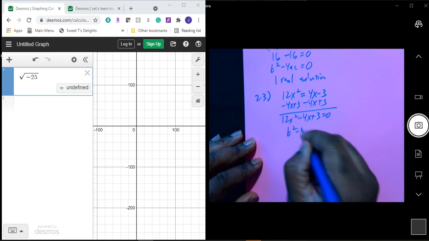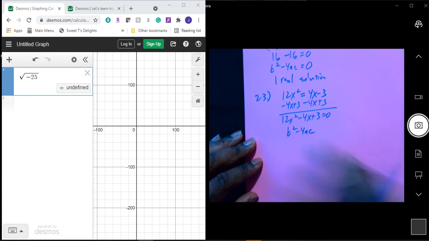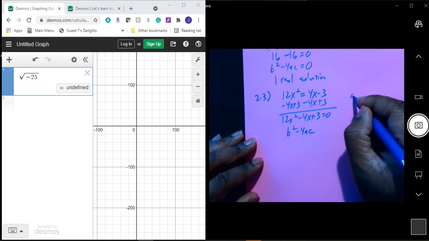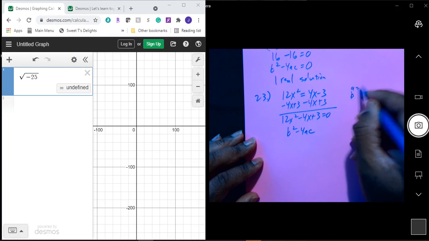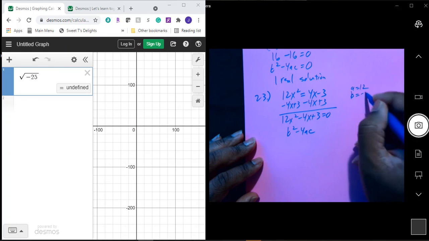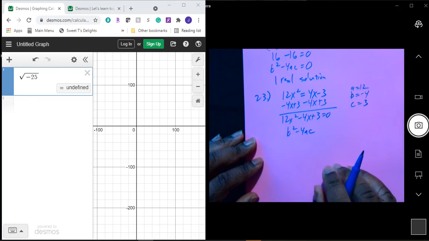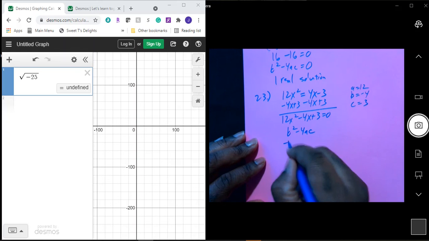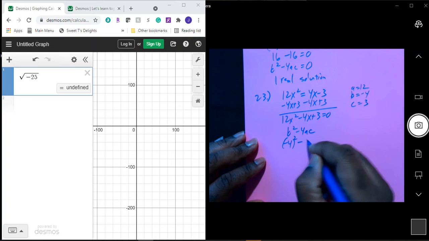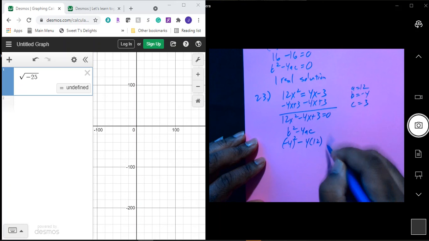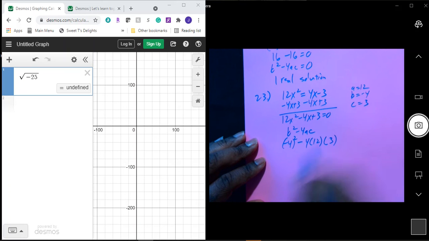So we're going to do our discriminant. We know that a is 12, b is negative 4, and c is 3. So we have negative 4 squared minus 4 times 12 times 3.